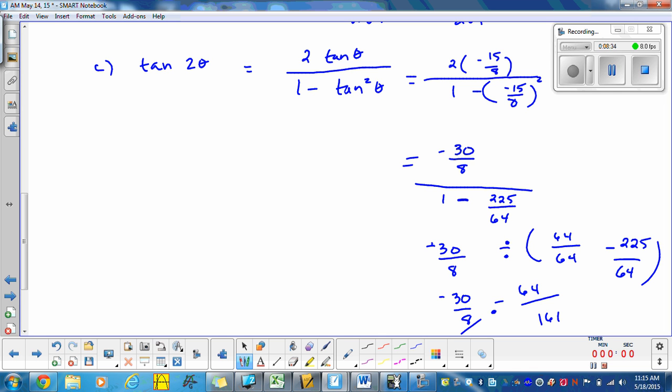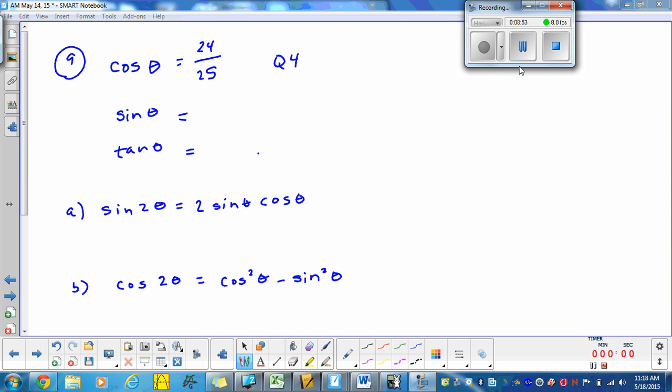So the 8's cancel with the 64, and so we have 240 over 161, and it's positive because a negative times a negative is a positive. Okay, on to number 9.